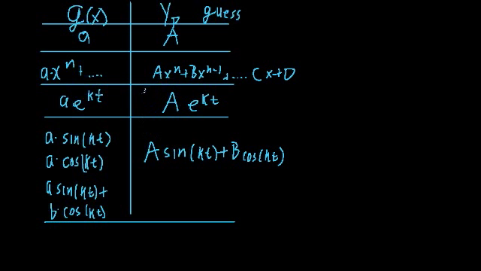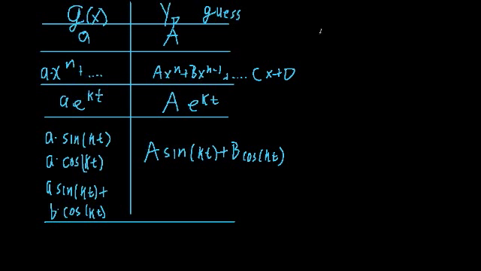And we know that if you have a sum of any of these particular classes, like an exponential plus a polynomial term, then you should guess a sum of the appropriate guesses, like a scaled exponential plus a scaled polynomial.